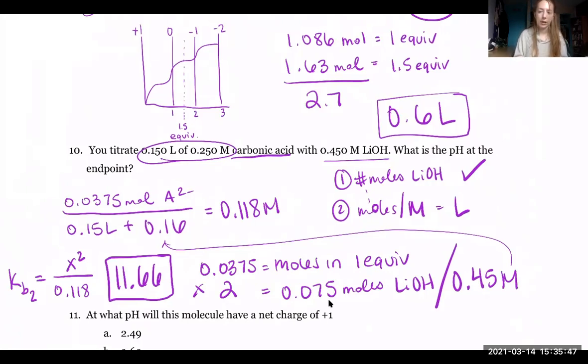Okay. Well, let me know, and I can walk through the weak base calculation if you'd like. It's the same old, and you'll be finding the pOH with the OH concentration here, and converting that pOH to pH.